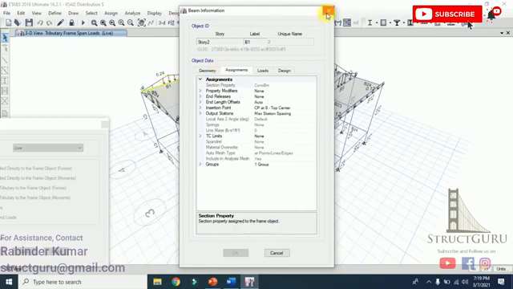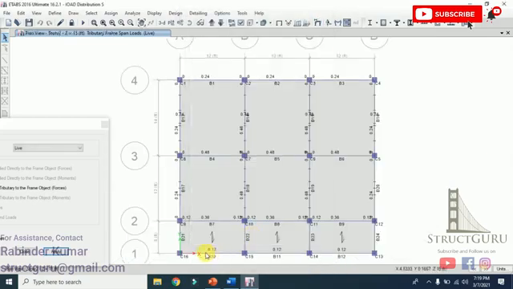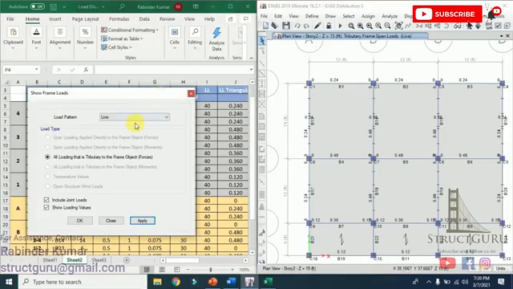And similarly, if we want to verify the one-way distribution, along grid 1 at span AB, the distribution is 0.12. Now let's see whether it is 0.12 or not. We are checking the loading distribution for the live load only, because that's how we can compare our results. We can also do it for other loading patterns which we have incorporated in our model.